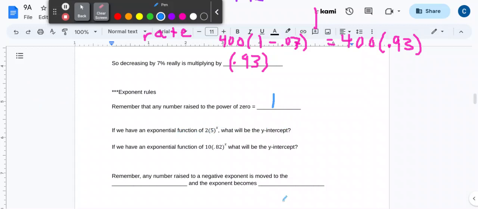From our Algebra 1 days, we know the y-intercept is where x equals 0. They're the same thing. So if we have 2 times 5 to the 0 power, 5 to the 0 power is 1, so we have 2 times 1, which is equal to 2.